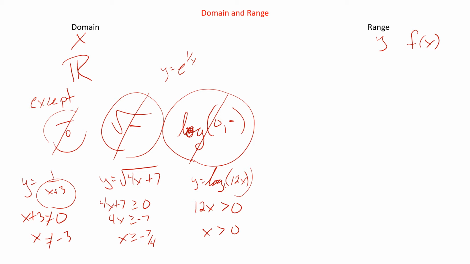You can think about what the equation looks like, and we'll get to that a little bit more later. But if we have, say, a parabola, the range will be greater than or equal to this y value. If we had a cubic, the range is going to be all reals because it's just going to keep going in both directions. So knowing what it is you're looking for, graphing helps that a lot.